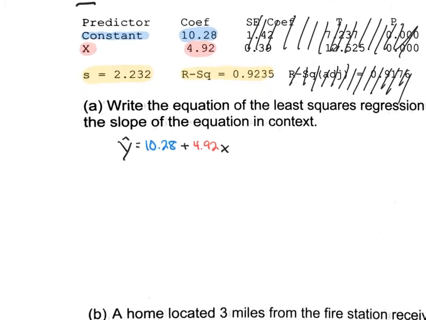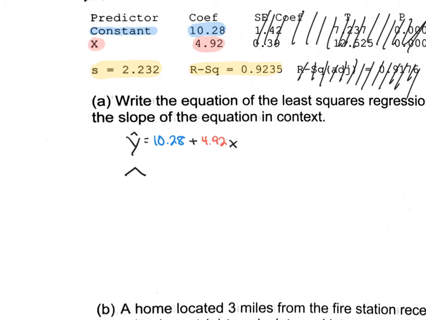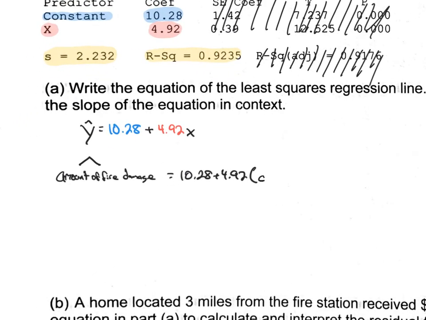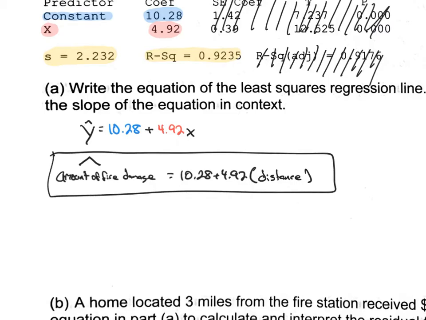So, the amount of fire damage, and remember, I put that little hat above it again, saying that the predicted amount of fire damage is equal to 10.28 plus 4.92 times the distance. I'm literally just going to say distance, and then we could further define distance as distance between home and fire station. Okay, so there is the first part of the question.